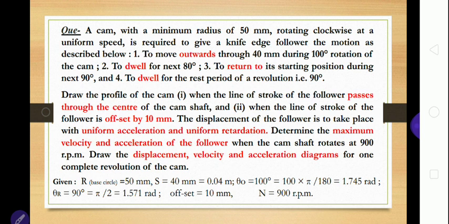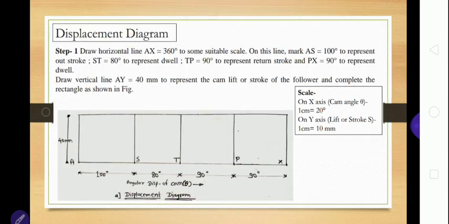We have written all the given data, and we will start this problem by first drawing the displacement diagram. In the displacement diagram we draw a rectangular box with the angular displacement of the cam on the x-axis, and the stroke length or lift of the cam on the y-axis. For that we need to take a scale. We can represent the outstroke and return stroke values of 100 degree and 90 degree on a linear scale.